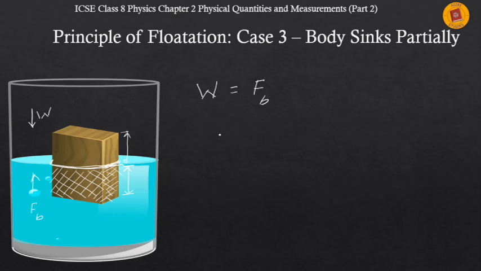In the first case, W will be greater than Fb when the body sinks, and in the other two cases W will be equal to Fb when the body partially or completely floats on the surface, right? The second and third cases are almost the same. These are the conditions for flotation.